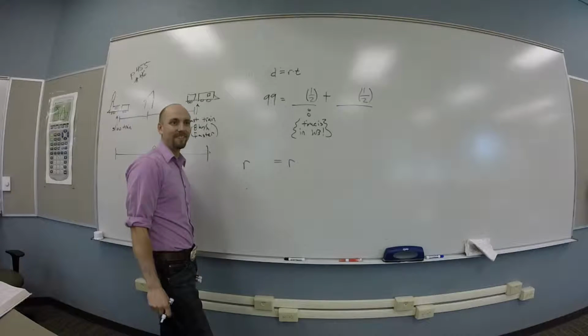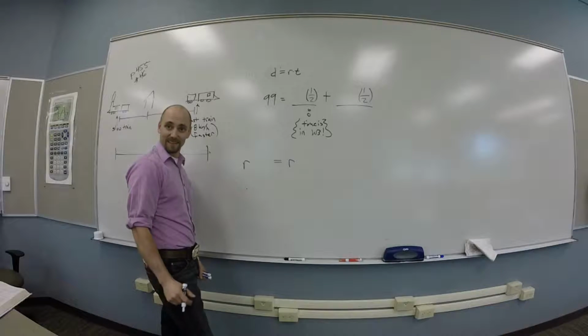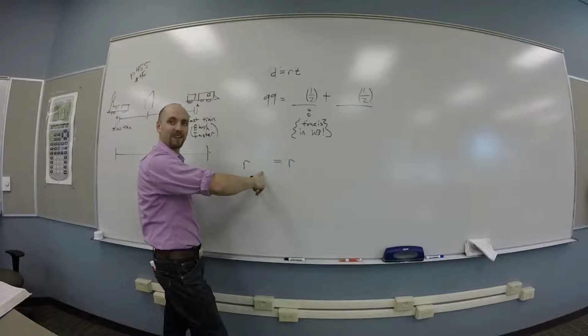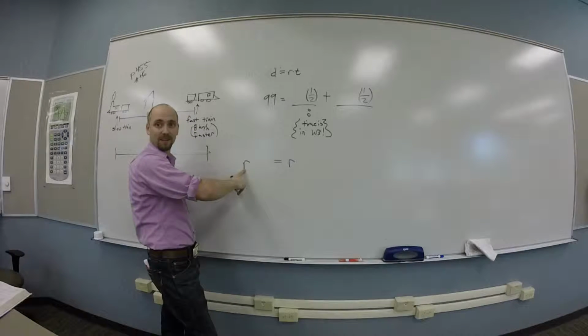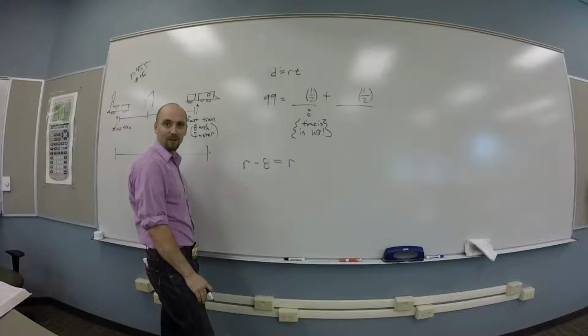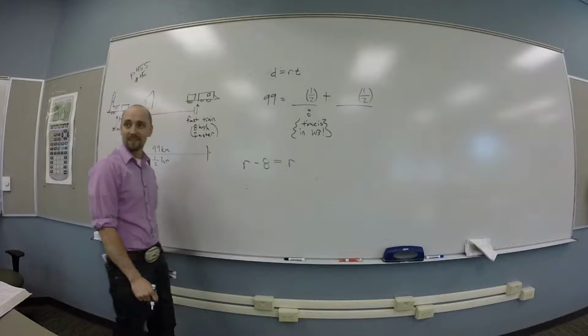I have to add or subtract 8, right? If I'm going to put it here, it's subtract 8, because this one's bigger. So I could do this, or I could put it over here as plus 8.